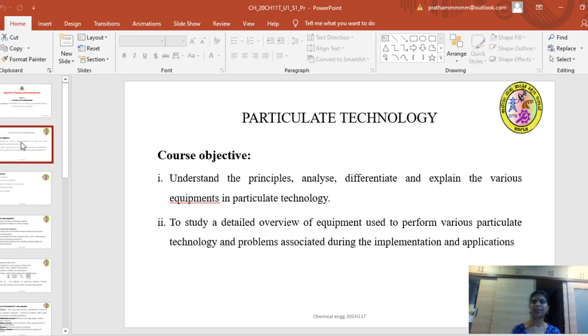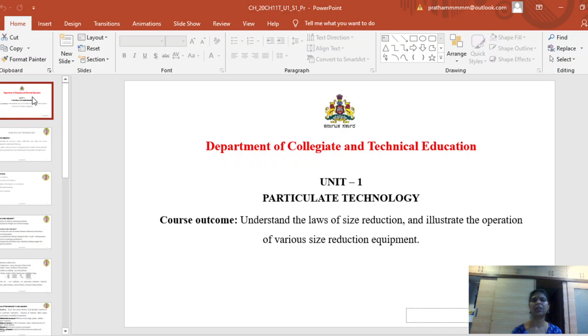After studying this technology, one has to study a detailed overview of the equipment used to perform the various operations, and the problems associated during implementation and application. This is the objective we have upon learning particulate technology. In this you have 6 units. In the first unit, you will be learning to understand the laws of size reduction and illustrate the operation of the various size reduction equipment.